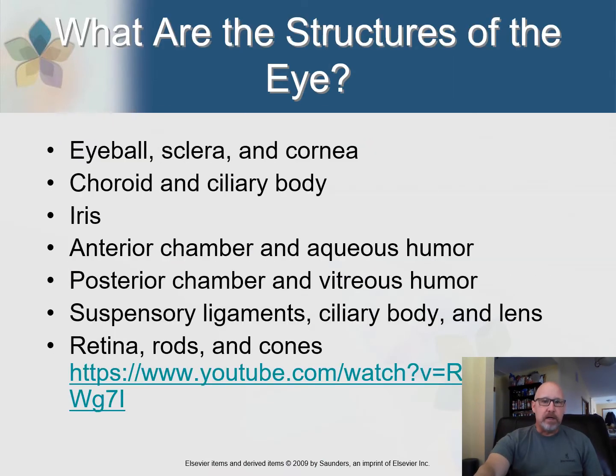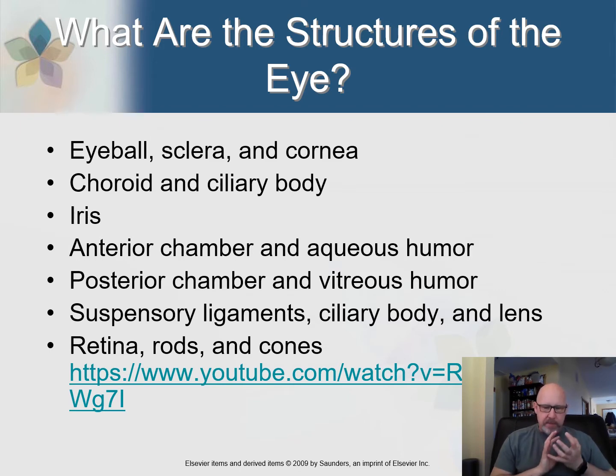And moving right along. The anatomy of the eye, the structure of the eye. The eye is a spherical shaped object, almost ball-like. It's about 2 to 3 centimeters in diameter. It has the sclera, which is the opaque white covering that covers the posterior 5/6 of the eyeball.